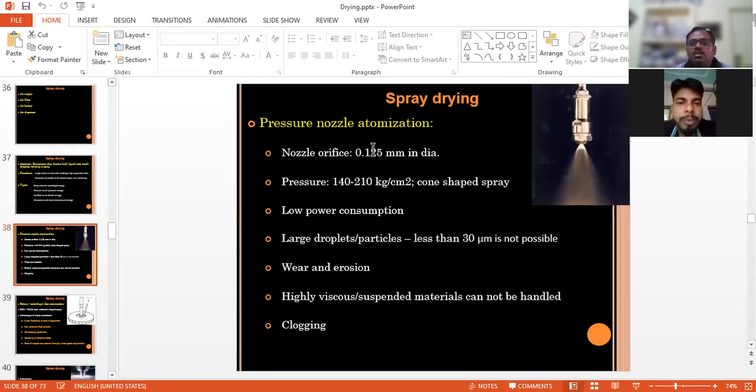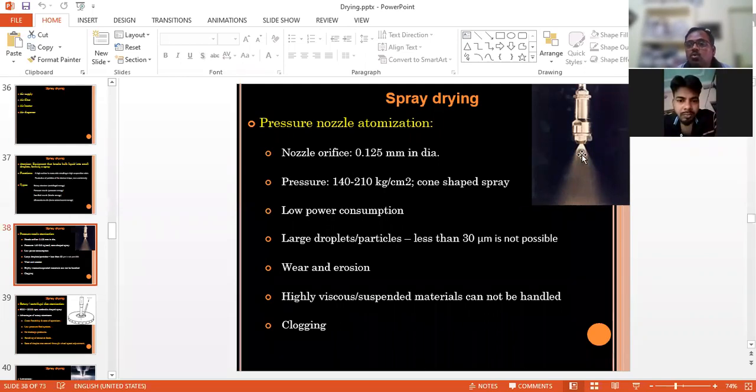And this is actually a specification of the pressure nozzle atomization. The nozzle orifice has a diameter of 0.125 mm, and the pressure is 140 to 210 kg per centimeter square.